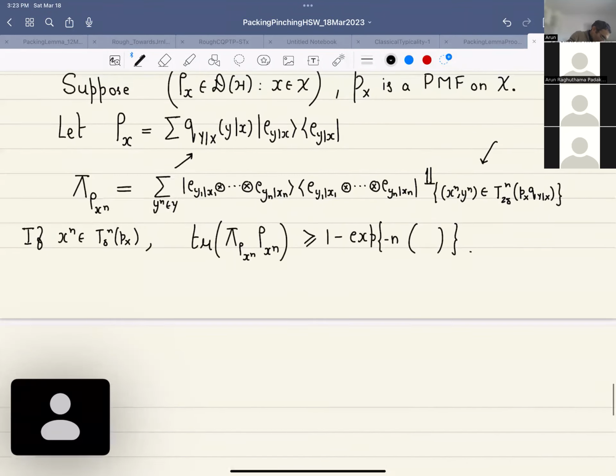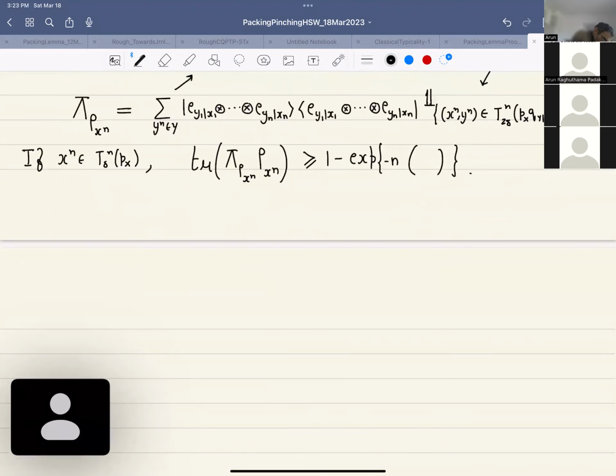But now I'm doing something else, right? I'm now taking rho. Rho is what I get when I average my rho x's with the distribution px. Suppose rho has a spectral decomposition.